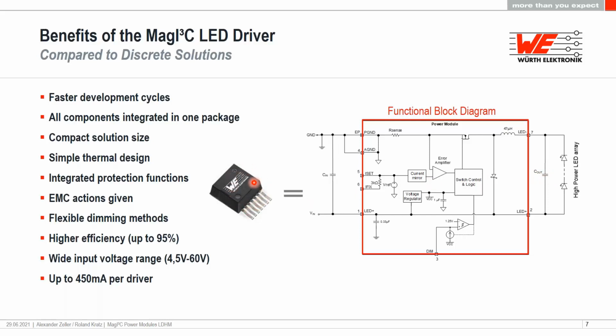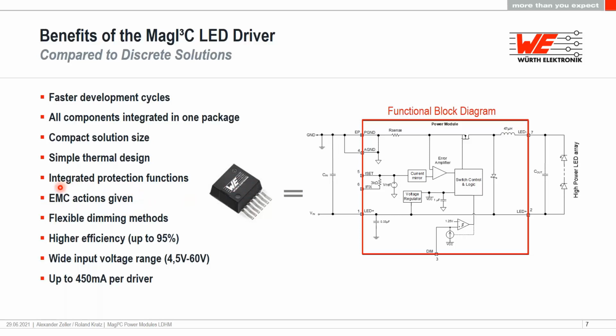So with all this integrated, you have faster development cycles. All components are integrated into one package, which results in a compact solution size and simple thermal design. You have a big exposed pad underneath the module. You have all the integrated protection functions which are necessary.